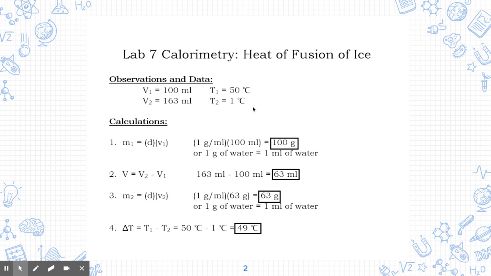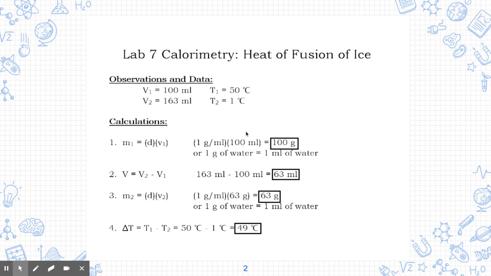Some students may not have waited long enough to make sure that their temperature wouldn't drop any lower, so that could have caused some error. Or some students could have just thrown their ice cubes in real fast and dropped their temperature real quick, and then you didn't end up with enough change in volume in the end. That's why you're only to add a couple ice cubes at a time.